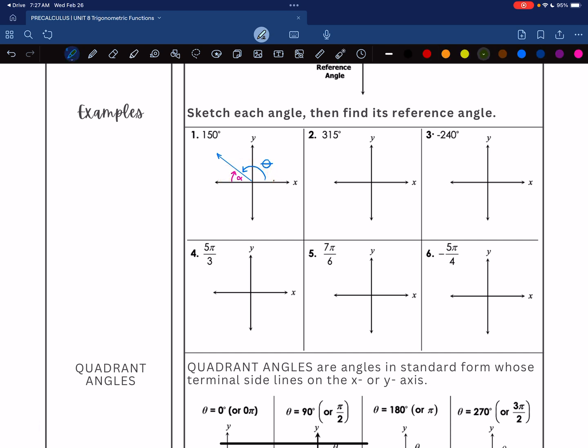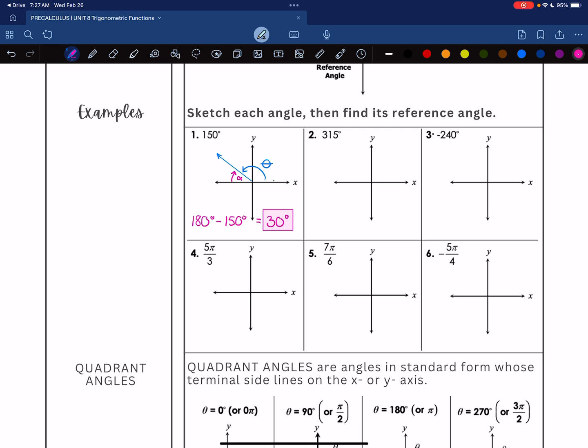That negative x-axis represents 180 degrees. And if we subtract our theta from it, it'll give us that little remaining amount. So subtract 150 from it, and that means that our reference angle is 30 degrees. There you go.